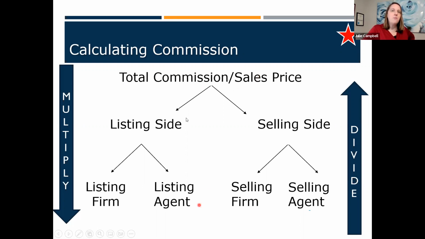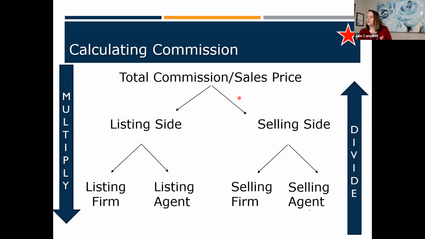Now you're working up the map and the steps that you take there are to divide. Again, I got T-bars for you, but this gives us the visual. This gives us the roadmap of how that commission is going to look.